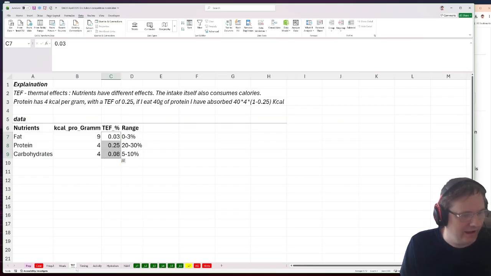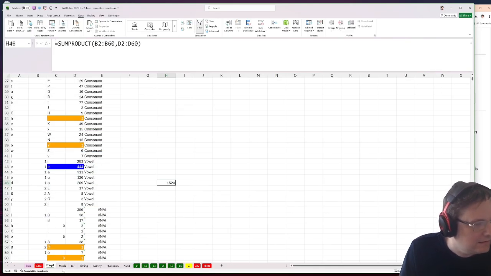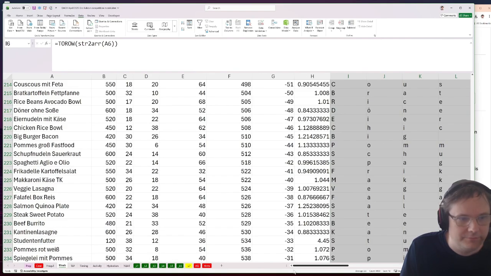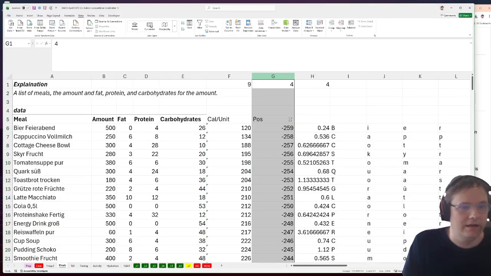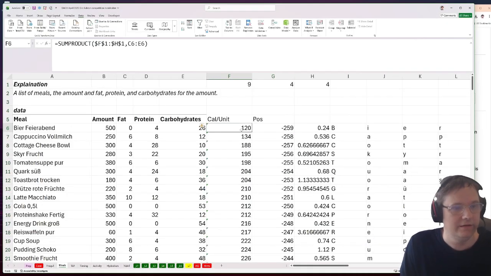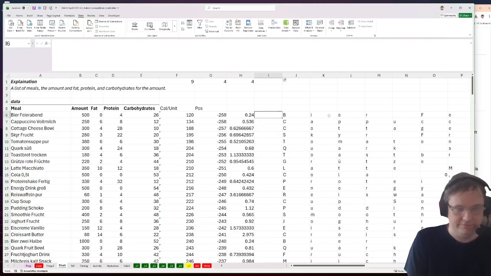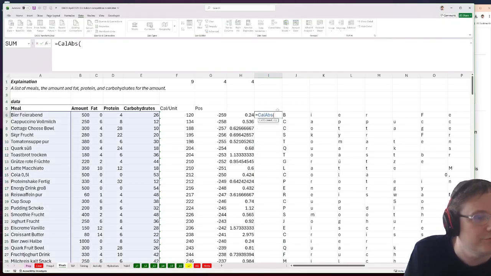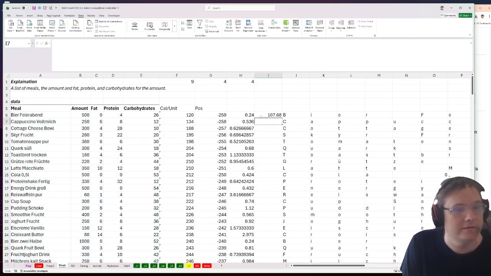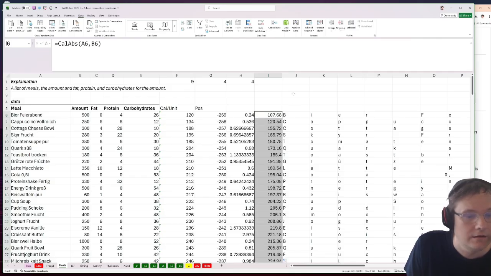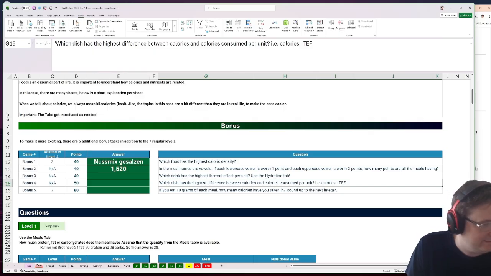Calorie minus TEF, right? That I think I have is based on, that's calories per unit, right? And then what if I do cal absorption of the meal and the quantity? And then I'm looking for what? The biggest difference or the smallest difference? Highest difference.